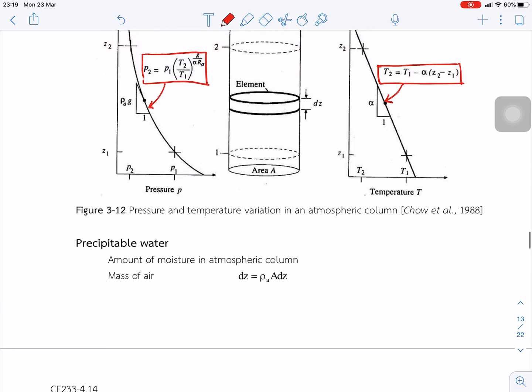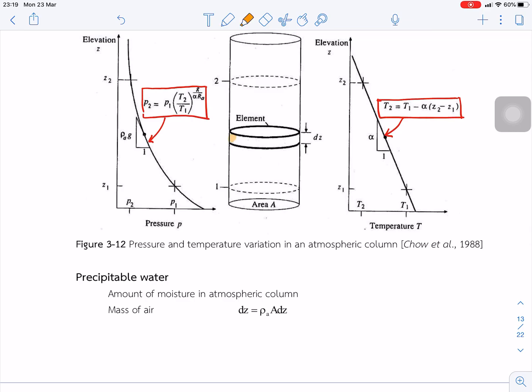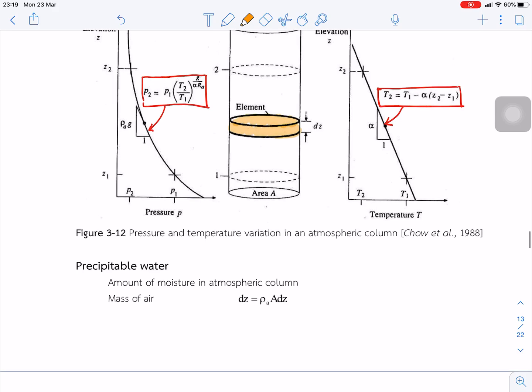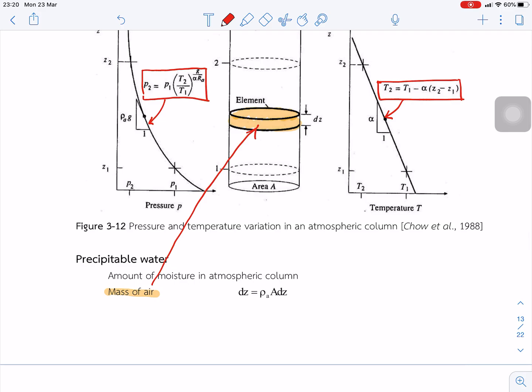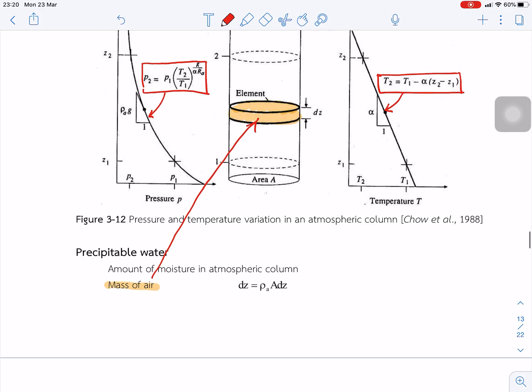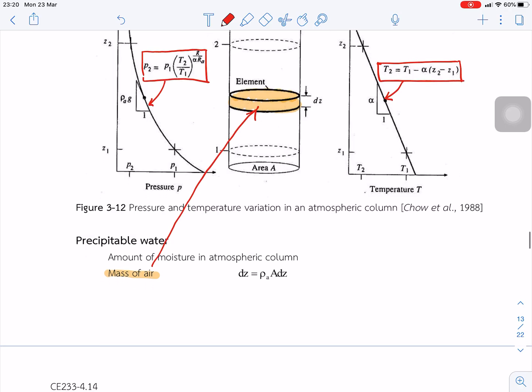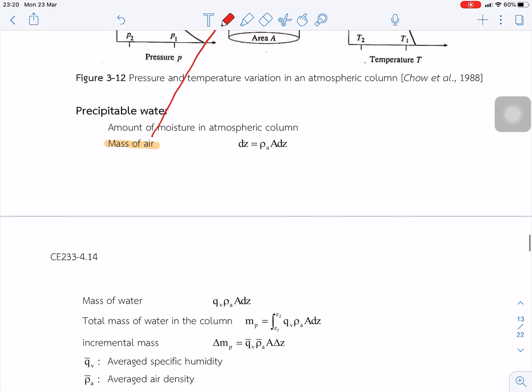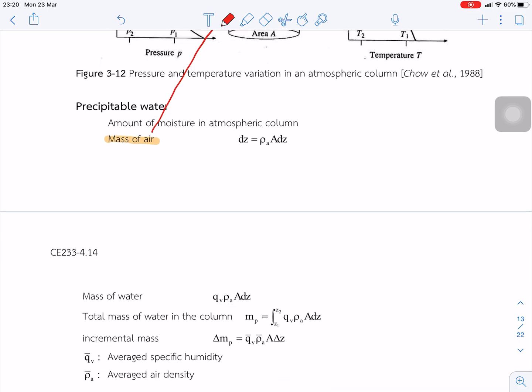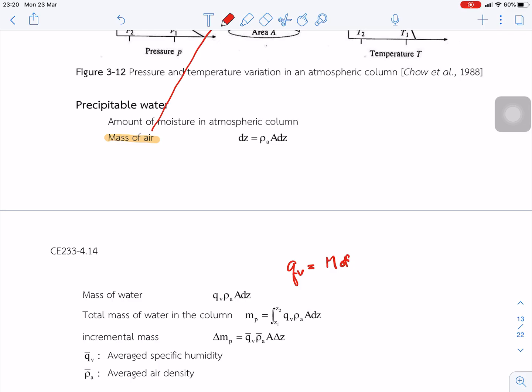The mass of air in this area is the area times dz times the density of the air, and for the mass of water, times the QV, because just remind that QV is the ratio of mass of vapor.